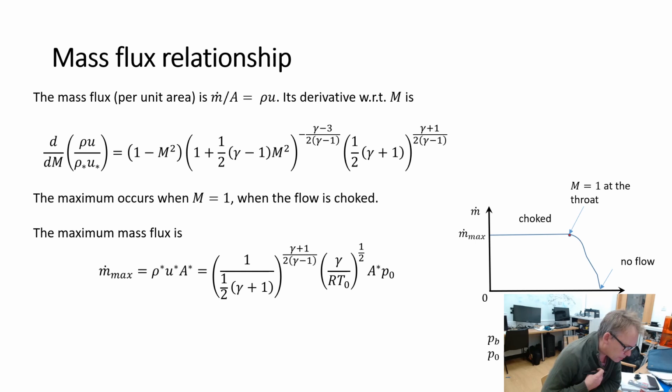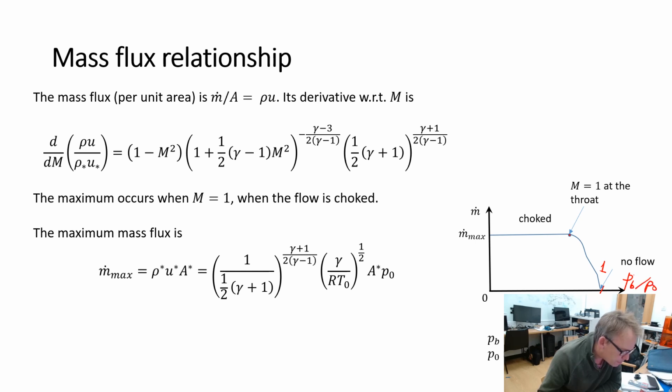The main interesting thing about this class of problems is that the flow has, I'm just trying to think of what's under there, so I think it must be a value of 1, and that must be PB over P naught.